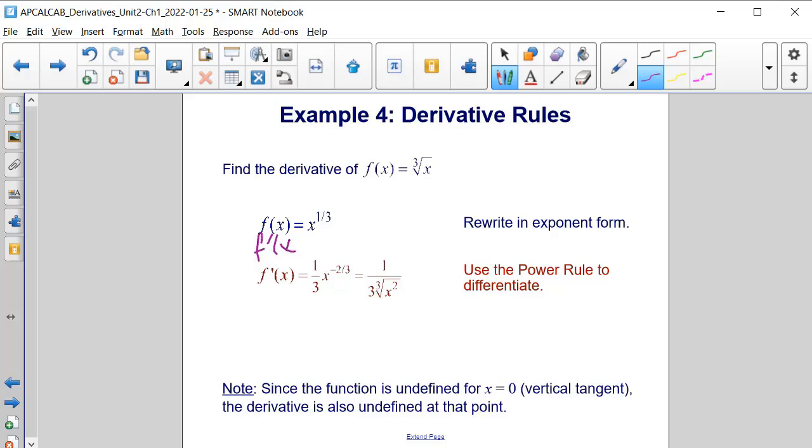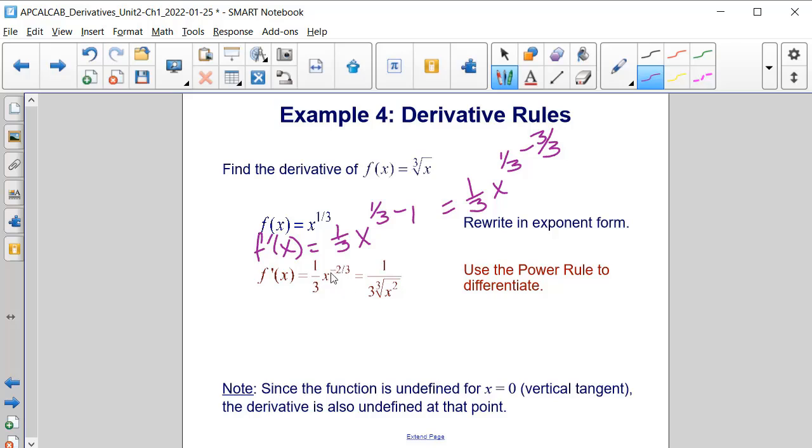So f prime of x is equal to 1/3, bring that power down, and then we have x raised to the 1/3 minus 1, or 1/3 times x raised to the 1/3 power minus 3/3. And when we do the subtraction here in the exponent, we will get x raised to the negative 2/3.